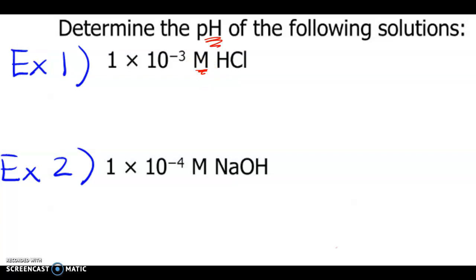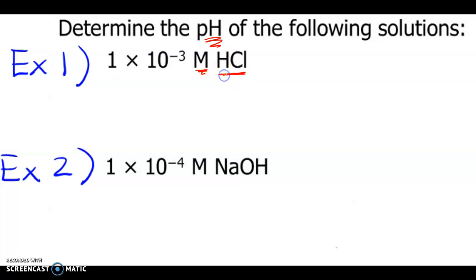The first thing you want to do is decide if we are dealing with a concentration of an acid or a base. If I have just H in there, it would dissociate into an acid. If I have OH ions in there, it would dissociate into a base.